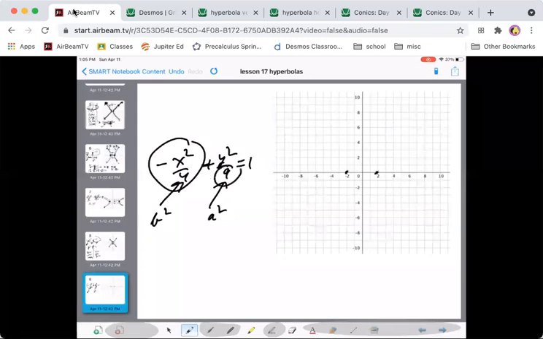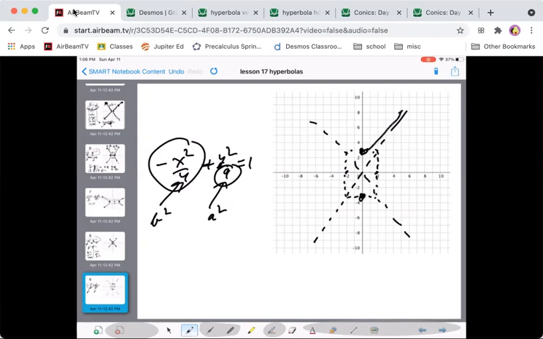And the square root of whatever's underneath the y squared is the up-down thing. And you make exactly the same rectangle and exactly the same asymptotes. The only difference is these two things become the vertices that give us the branches.